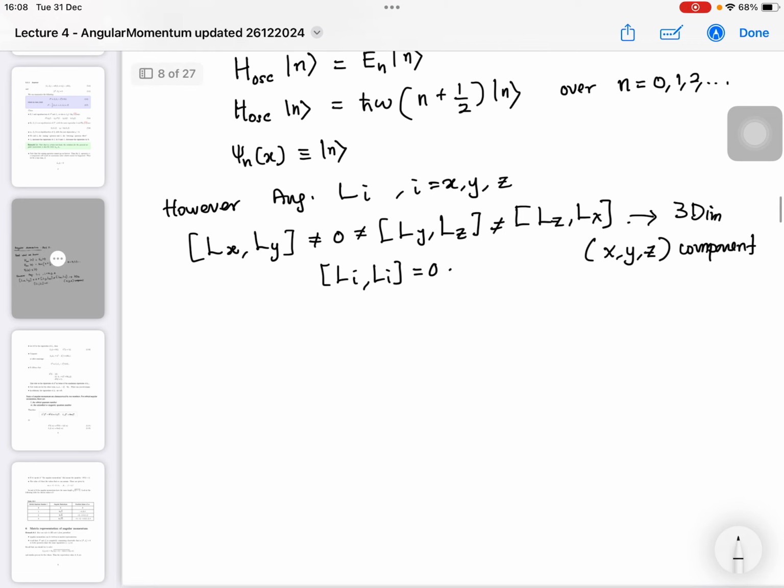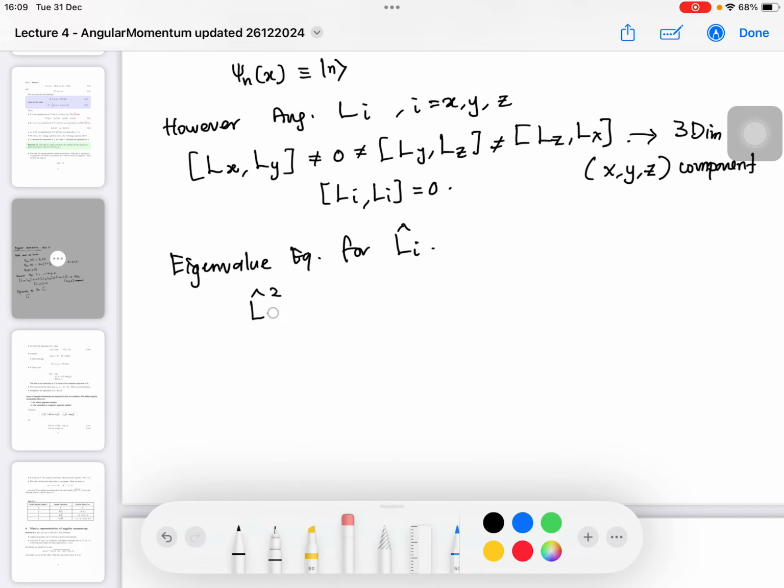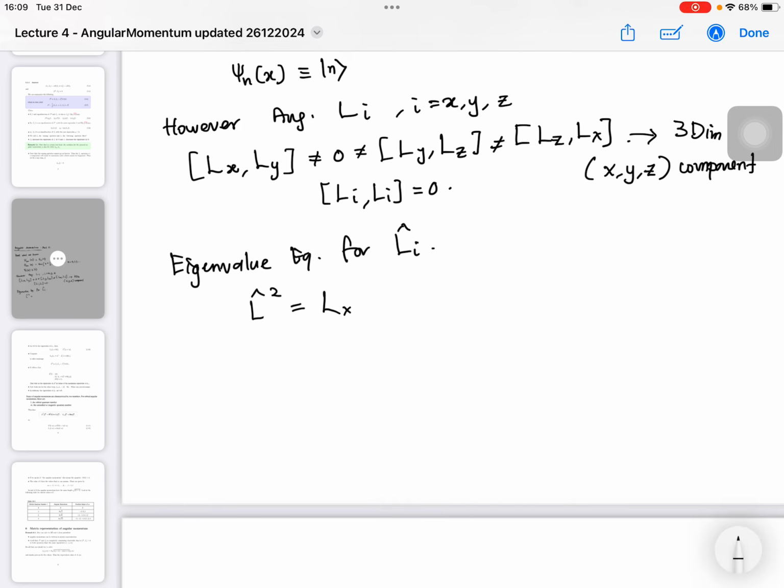Now we are going next to see the eigenvalue equation for angular momentum. They are of course operators. Previously we learned that we have the L squared operator, which is denoted by Lx squared plus Ly squared plus Lz squared.